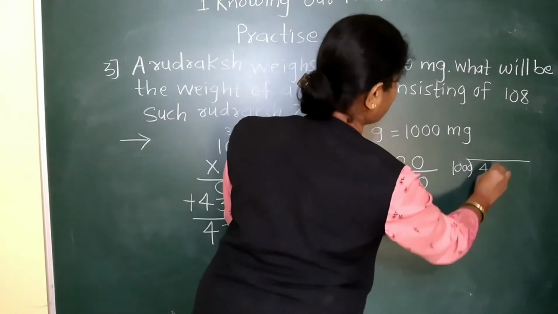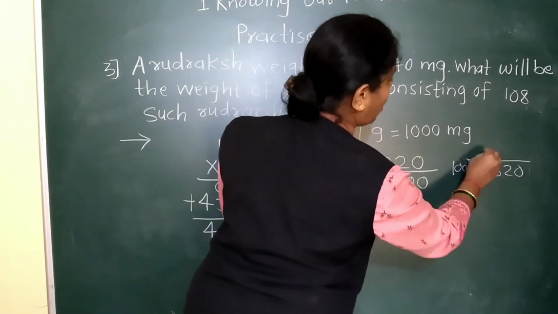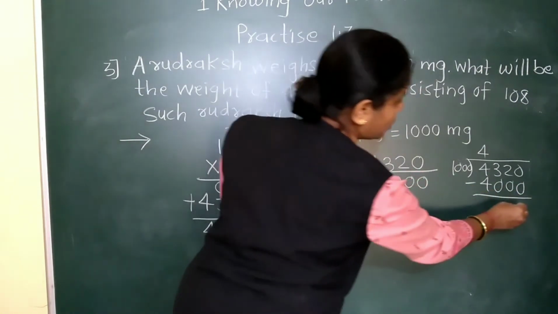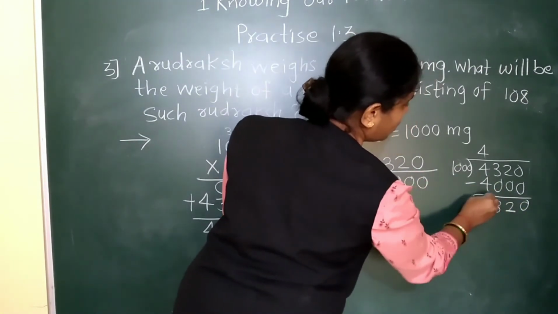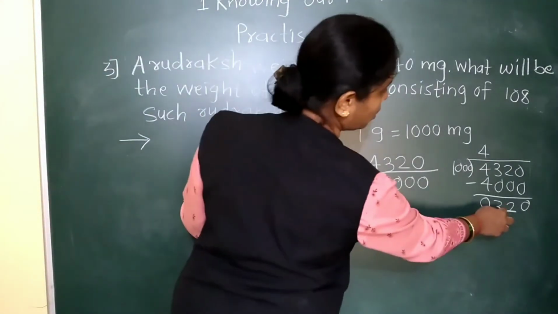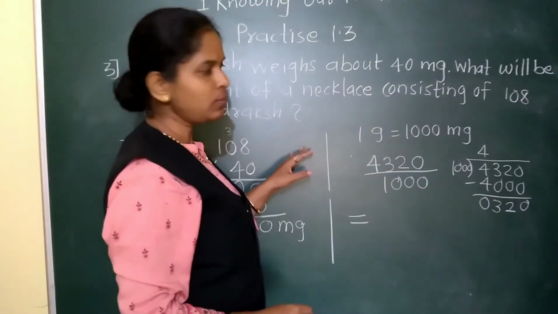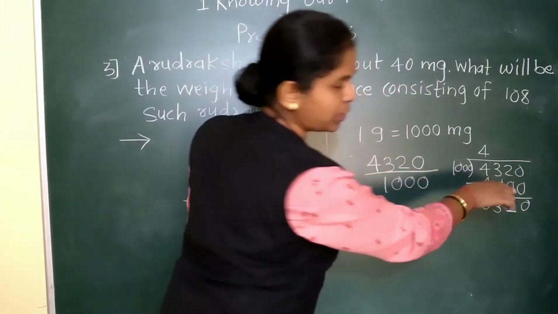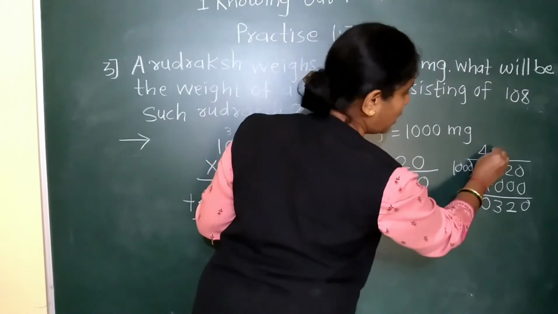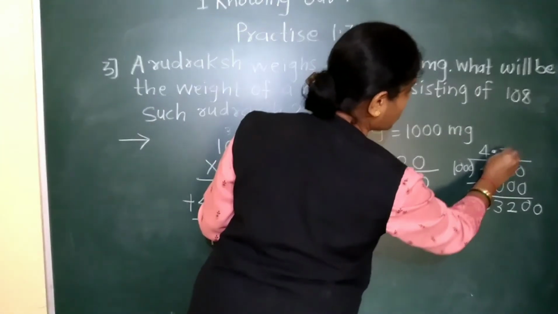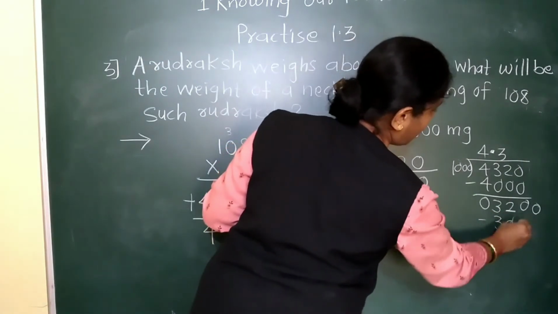That is, see, 1000. Now 1000 fours are 4000. Okay. So 0, 2, 3 and 4. Now 320. Okay. So here no other place digit is there. So put a decimal and here write 0. Then we can divide. 1000 threes are 3000.